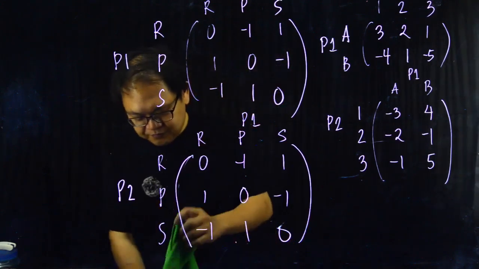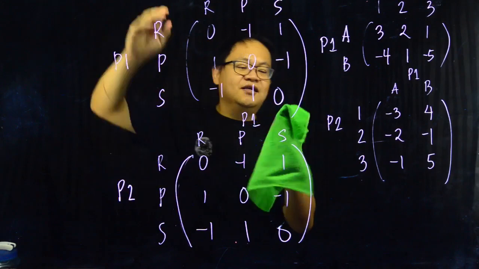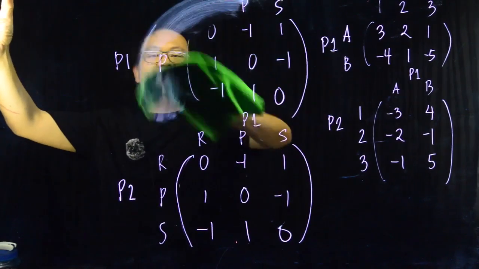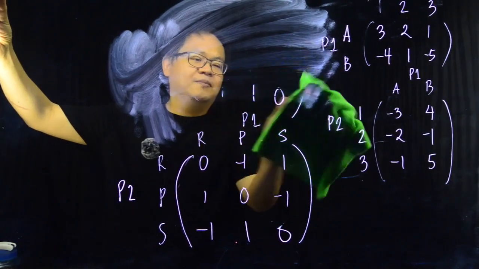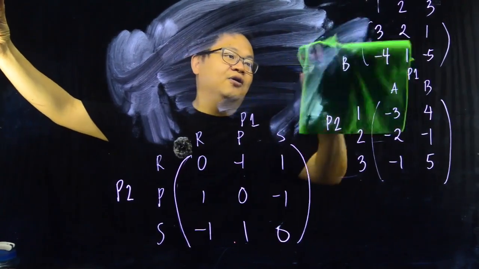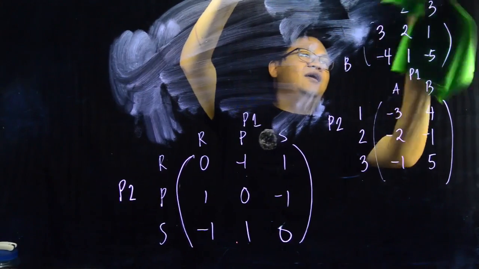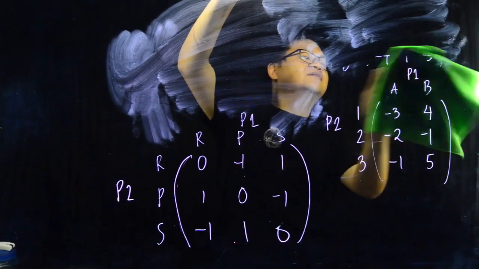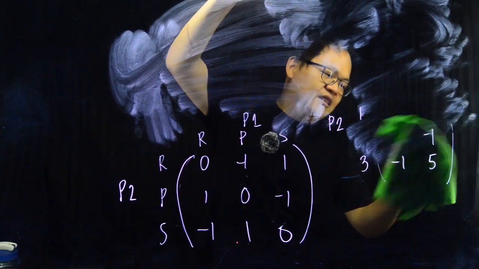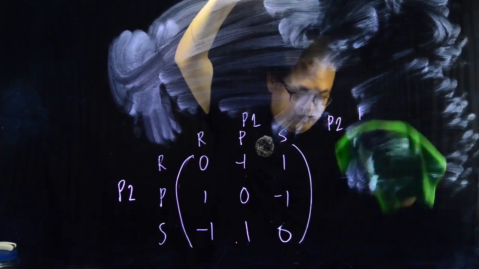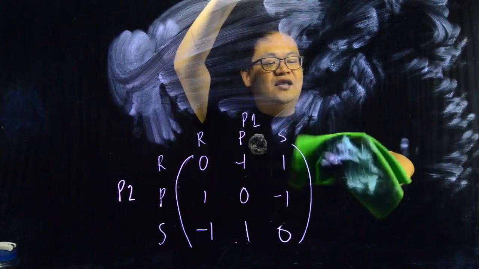Now, before we actually start solving game theory problems, let me first define a term that I will be using all throughout the lesson. Okay? And what is this term? This term is called dominated strategies. Now, what is a dominated strategy? You can read through the slide.